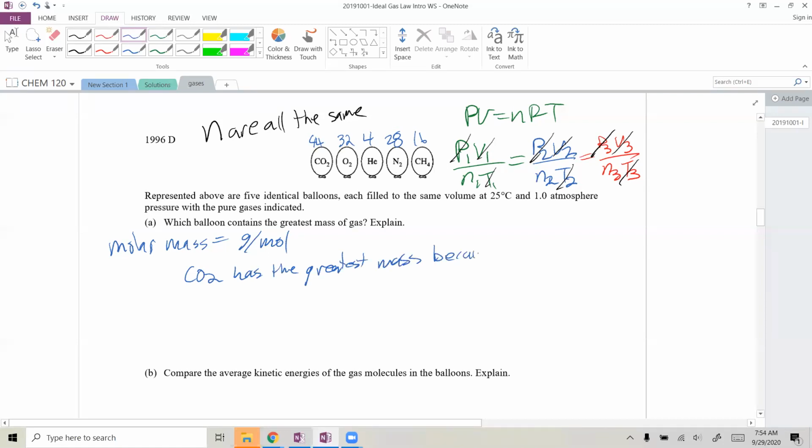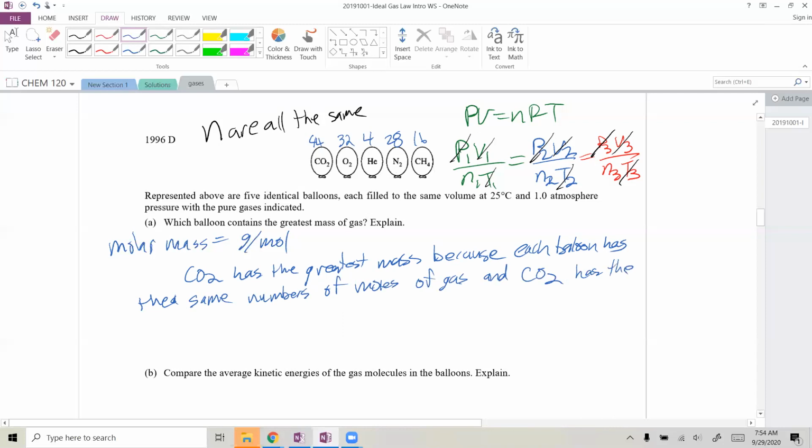So there should be a because. Each balloon has the same number of moles of gas, and CO2 has the largest molar mass, giving it the largest mass.